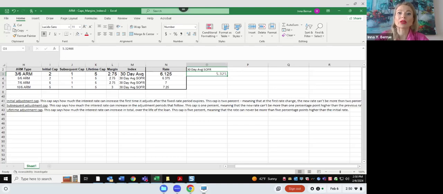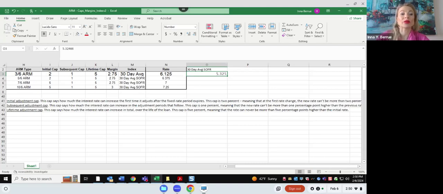An adjustable rate mortgage is by definition adjustable, meaning it's not fixed over the life of the loan. It actually adjusts as time passes, as you start paying on that mortgage, as you, as a borrower, close on that mortgage.